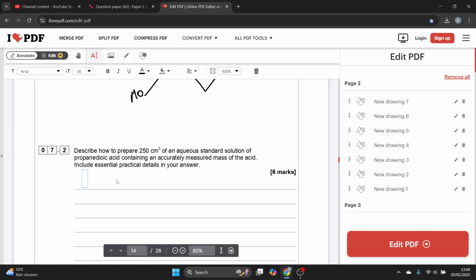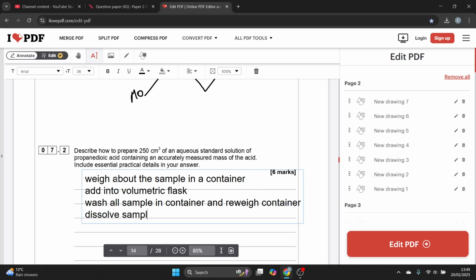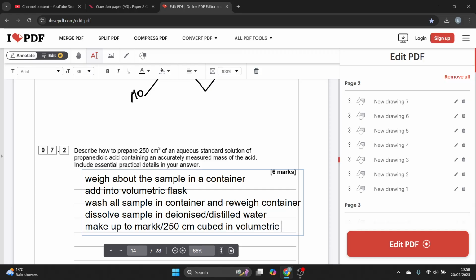So: weigh out the sample in a container, add it into a volumetric flask, wash all the sample in from the container, reweigh the container, dissolve the sample in deionized / distilled water, make up to the mark, 250 centimeters cubed, in the volumetric flask, shake / invert to give a homogeneous solution, so it is mixed evenly.